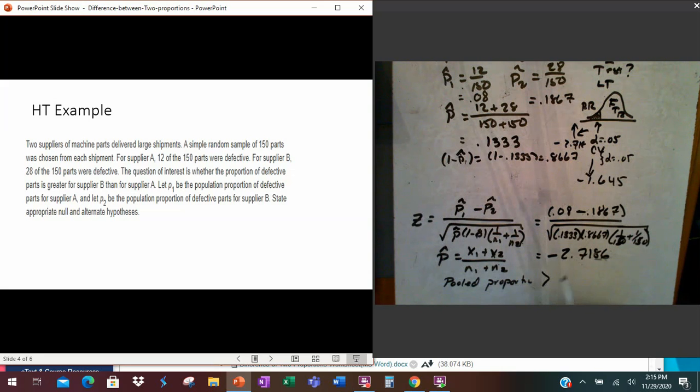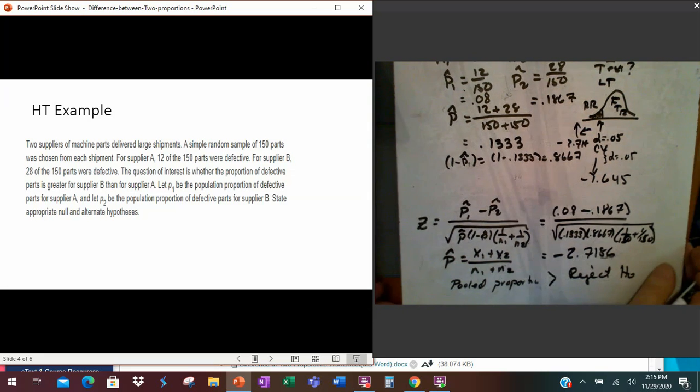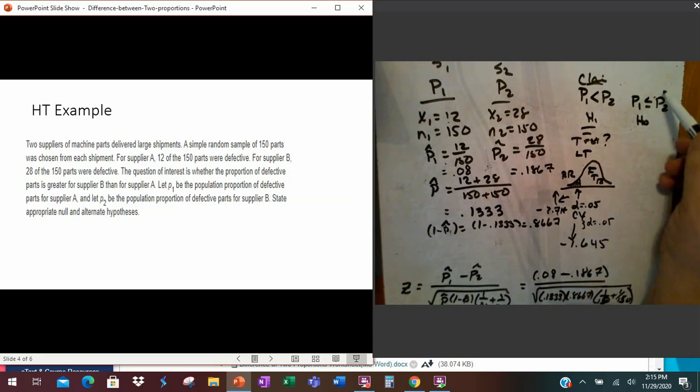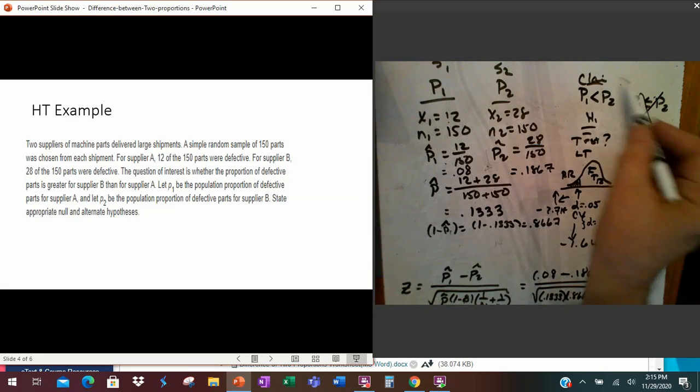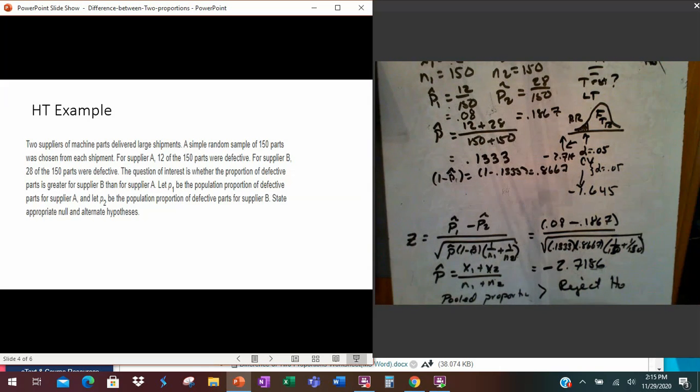So this says that we should reject H0. And if there's sufficient evidence to reject H0, then basically we can support the alternate. So over here, when I pull this down, this one gets crossed out. This is the only one. So there's sufficient evidence. That happens to be the claim.